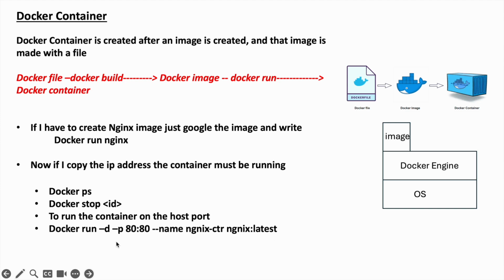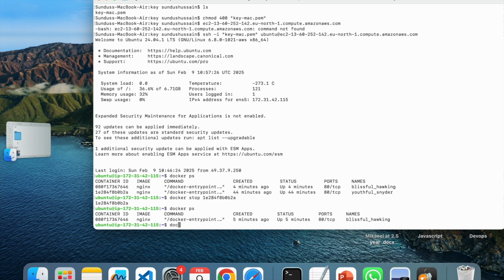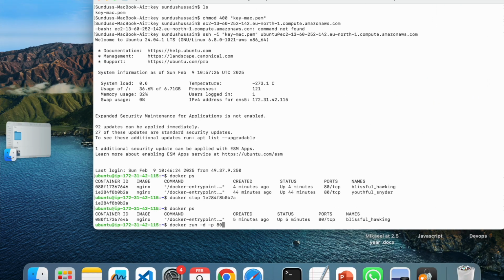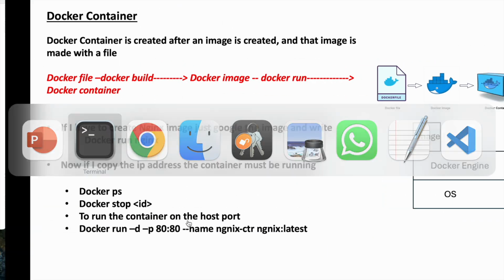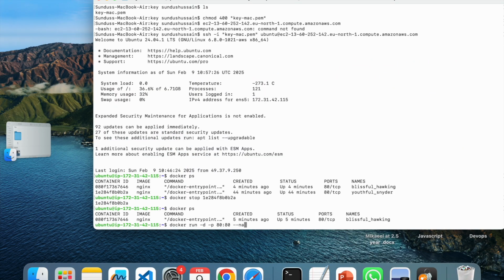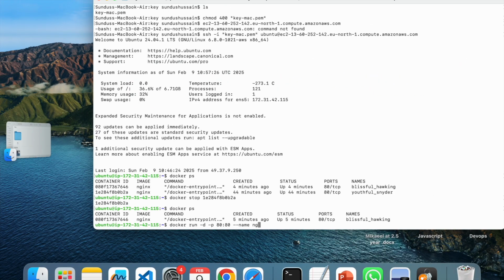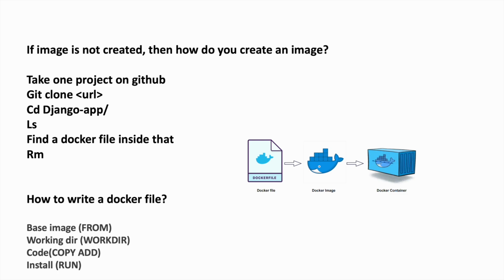So it is docker run -d -p 8080, then --name, whatever name you want to give, like I have given nginx-ctr, and then nginx latest.